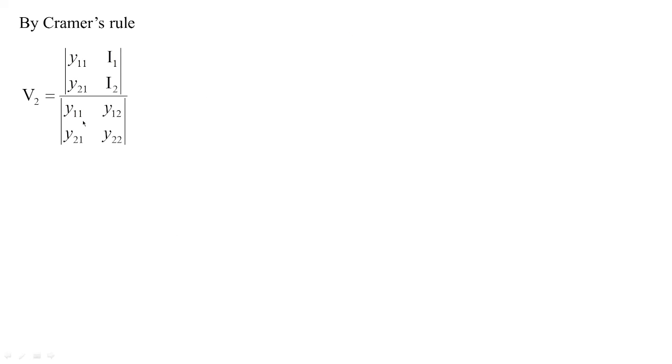Now from the same Cramer's rule, I can get the value of V2, that is the determinant of Y11, Y21, with I1 and I2 on the right-hand side of this equation. I'm taking the unknown parameters over here divided by the determinant value of Y, which will give the value as Y11 I2 minus Y21 I1. Just cross multiply on the numerator and denominator.